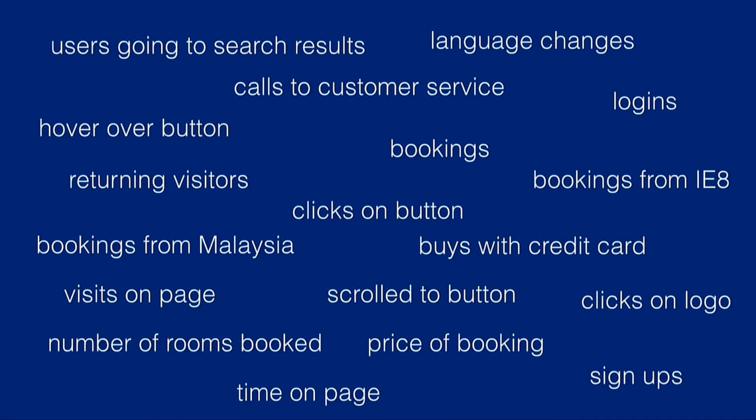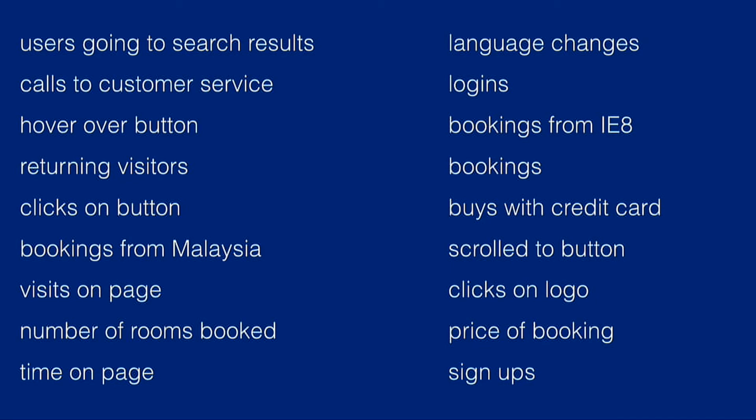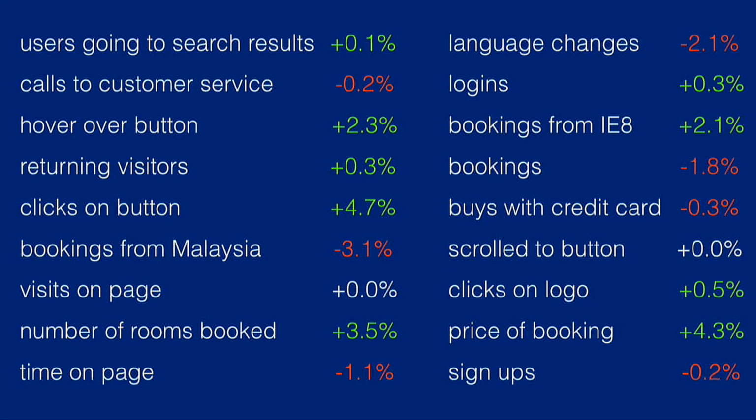So what kind of things am I talking about? Well, there are lots of things you can measure on a website. You can measure the users going to search results, the visits on the page, the logins, or maybe bookings from Malaysia, something very specific, but which is sometimes also very important. All those different things have different metrics.